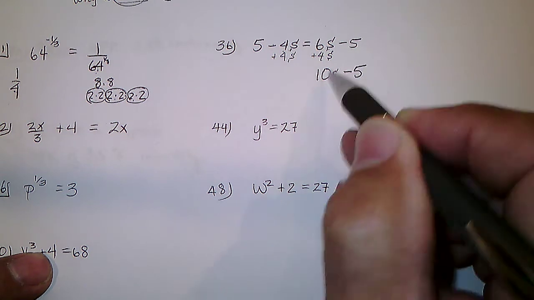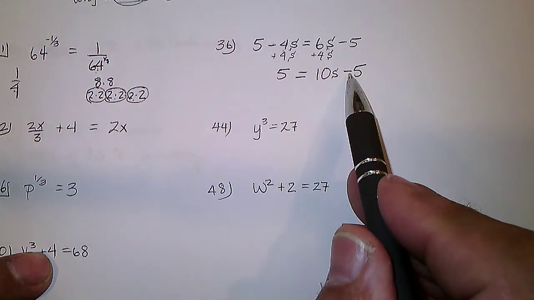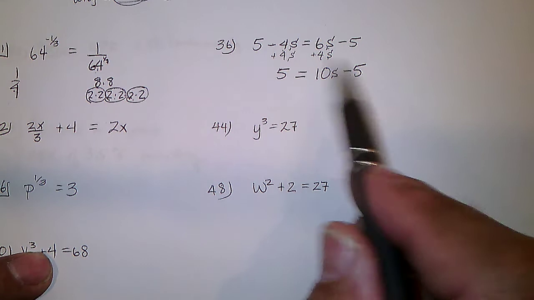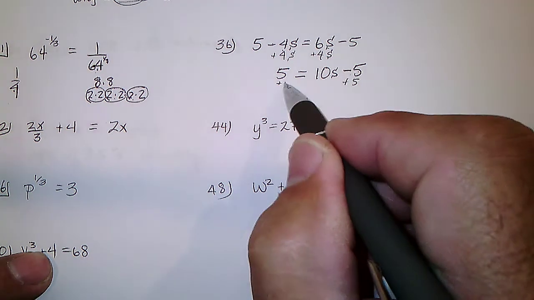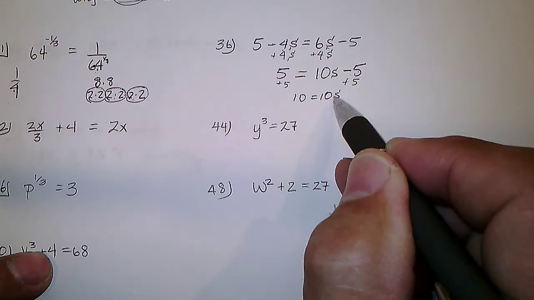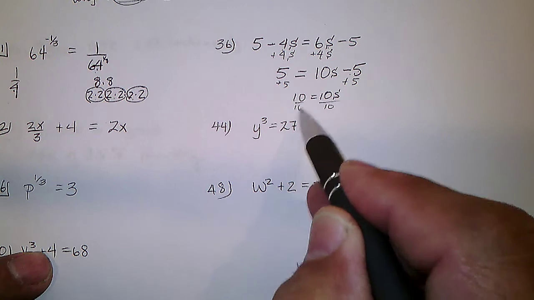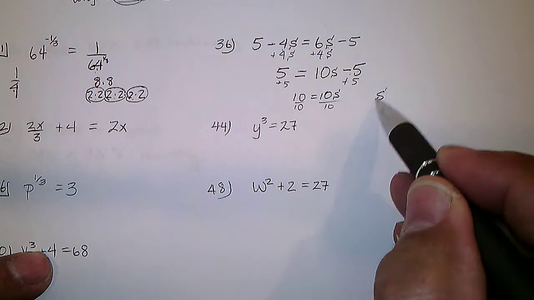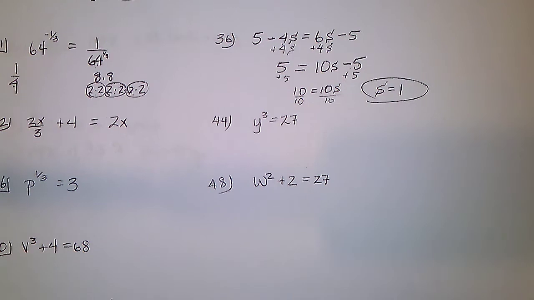And then I would get the constant to the other side by adding 5 to both sides, and I get 10 equals 10s, and that's times, so I divide by 10, and I get s equals 1. That should look familiar to you.